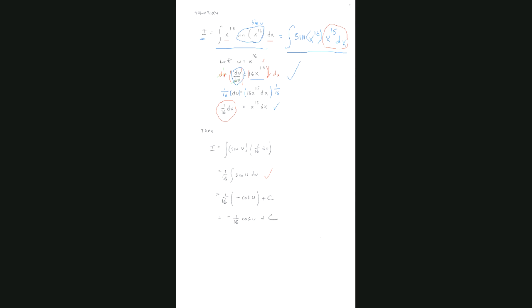Everything you learned in Calculus 1 is going to be used here. Yes, Eric, that's right. And so now my integral is equal to negative 1/16 cosine u plus the constant of integration. And WebAssign is going to want the constant of integration. Unless they have it put there, you're going to have to type it in, or WebAssign won't accept the answer because this is an indefinite integral.